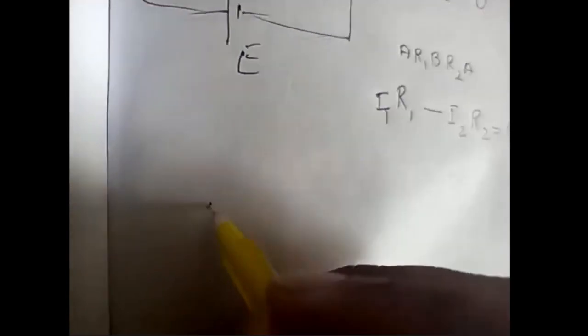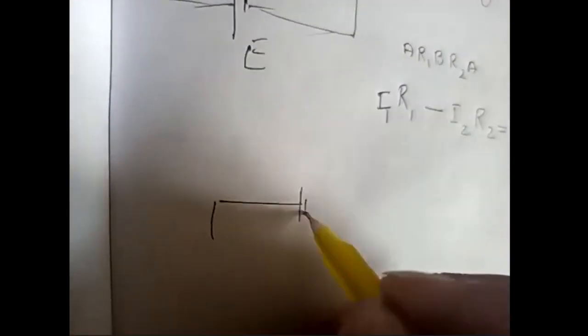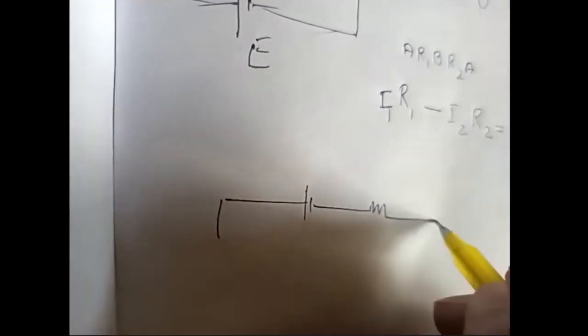Okay, suppose that we are having a circuit like this. A resistance is here and let a resistance be here.